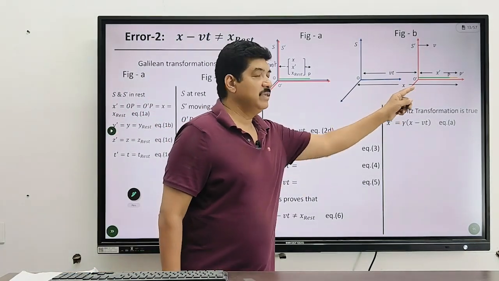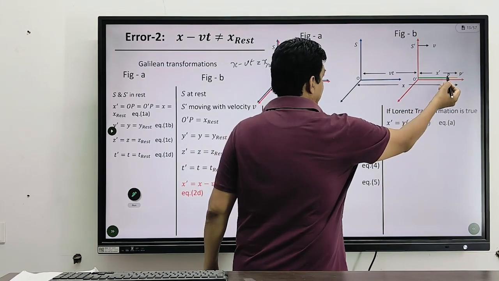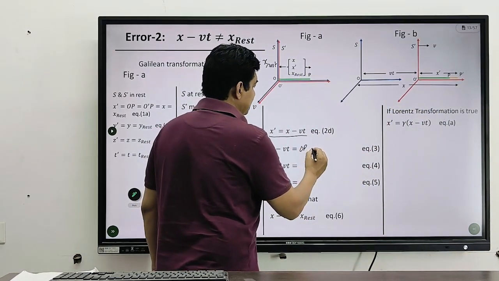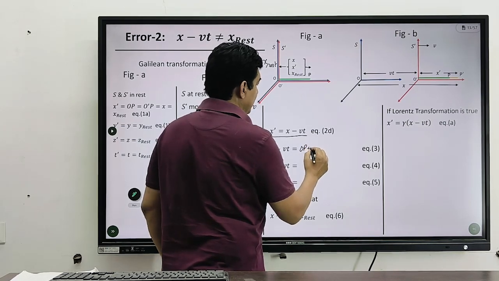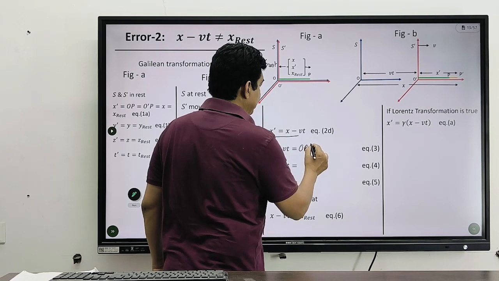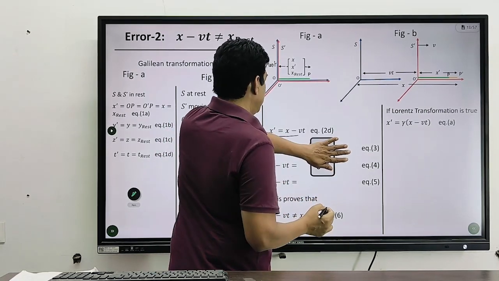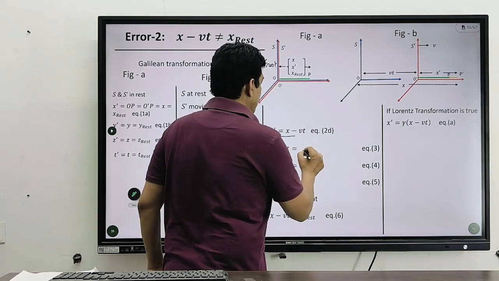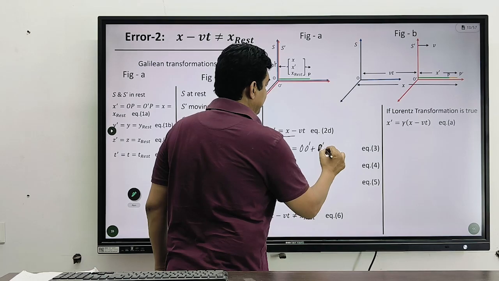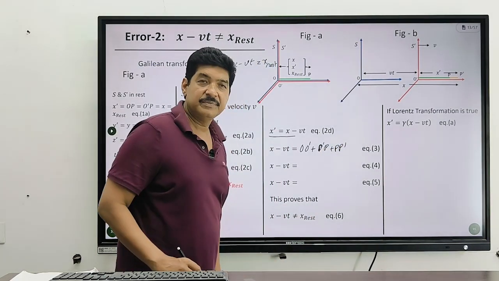So that will be included in the value of x. So what is x? x is O prime P plus P prime, right?